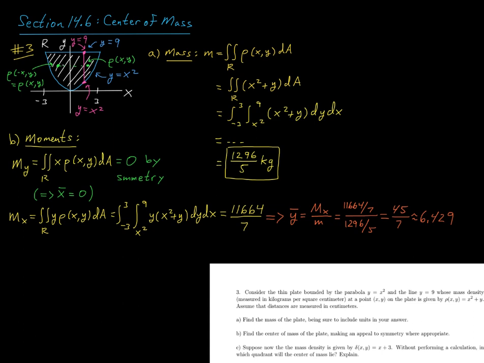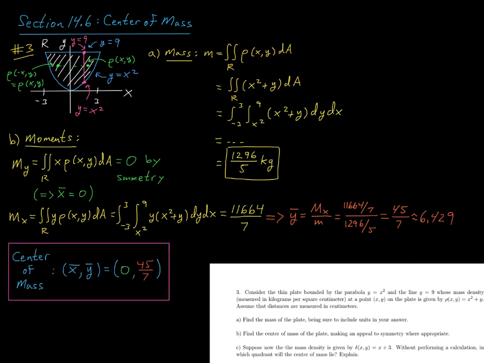So it would make sense that we're looking at a center of mass towards this higher end here. And then putting that all together, we can say that the center of mass is located at the point 0, 45 sevenths.